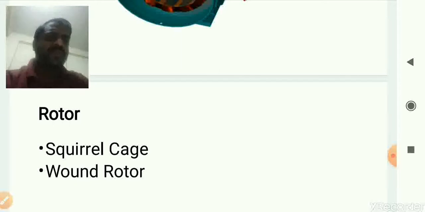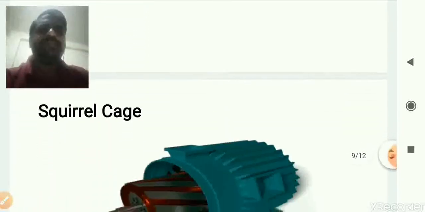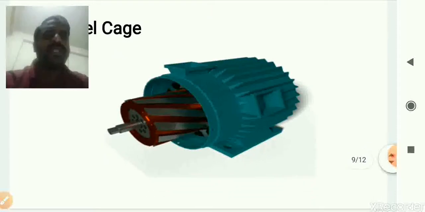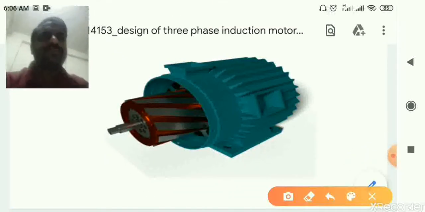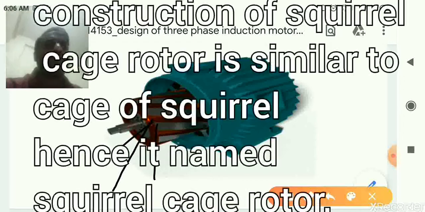Now first we'll discuss the squirrel cage type of rotor. So this is the squirrel cage type of rotor. This rotor is cylindrical in shape and has slots on its outer periphery.